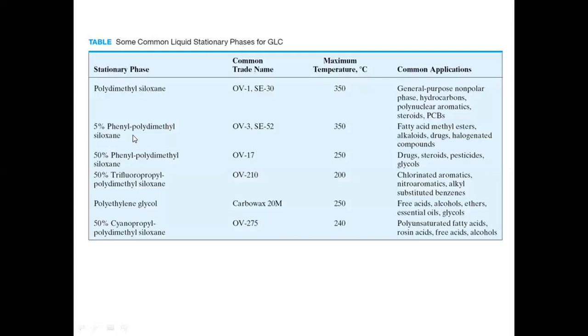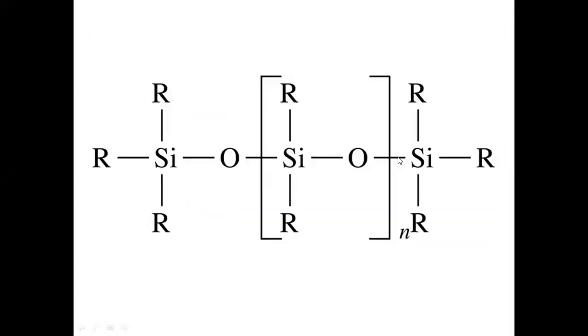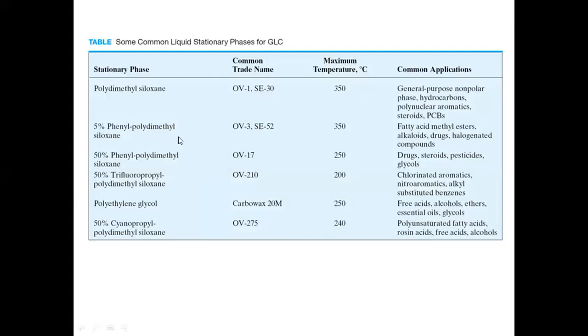If you substitute a phenyl group for any of the R groups present here, that is going to be phenyl polydimethyl siloxane. If you calculate the number of R groups available, out of the overall R groups only 5% are attached by phenyl group. That is going to be called 5% phenyl polydimethyl siloxane.